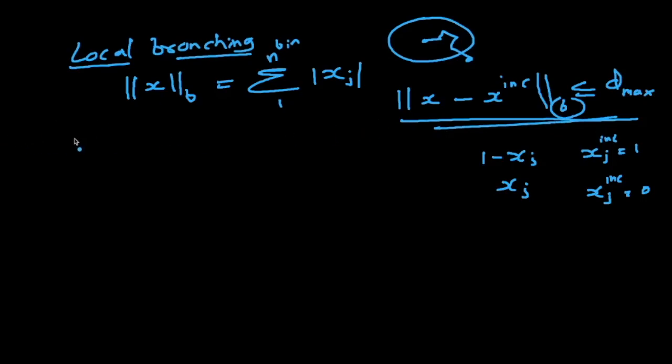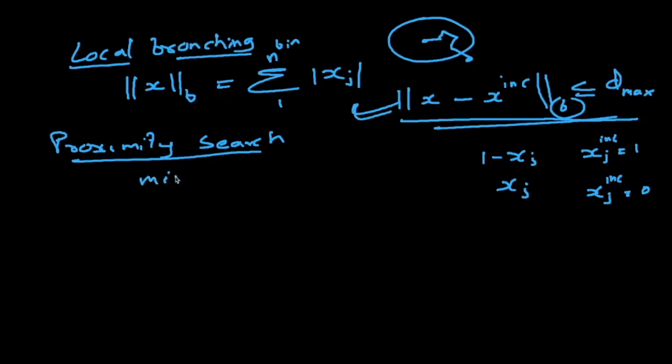Okay, so we'll move on from here to something very similar. It's called proximity search. This is very similar to local branching, except that there it was introduced as a hard constraint, and in proximity search we don't add this as a hard constraint.